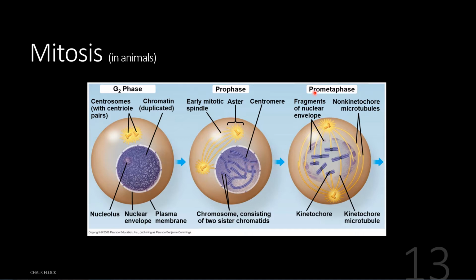Okay, then you get prometaphase, where the nucleus dissolves, or the nuclear envelope dissolves, sorry. Then the microtubules start kind of stretching out and trying to latch on to the kinetochore, or the centromeres.